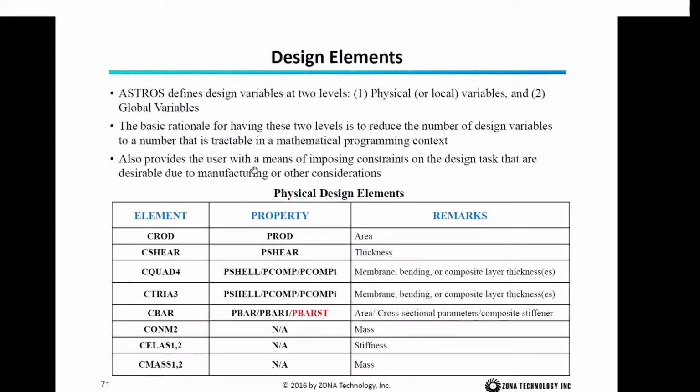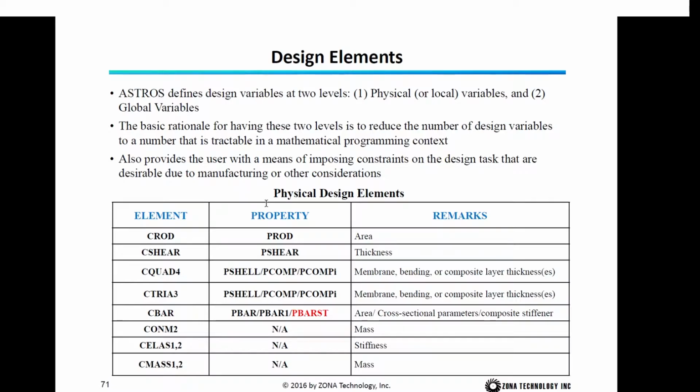It also provides the user with the means of imposing constraints on the design tasks that are desirable due to manufacturing or other constraints. For example, if we want the thickness distribution of a set of plate elements modeling the wing skin to be smooth, you can use the so-called shape function to ensure that the optimized thickness distribution is smooth.